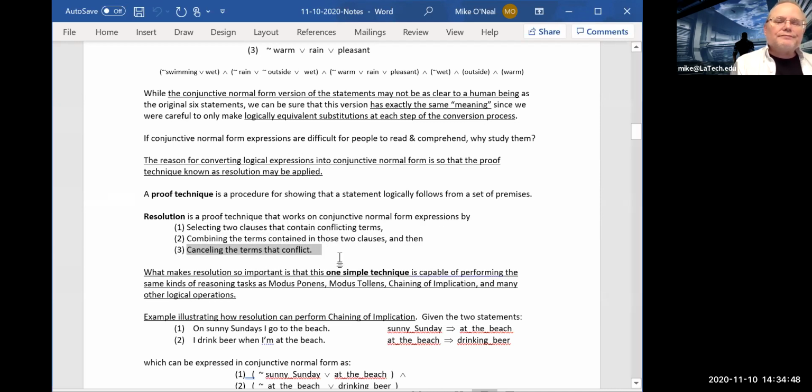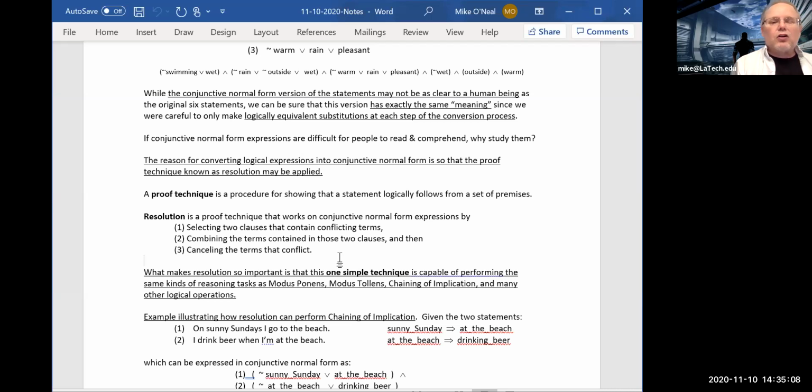Because of that, no information is being added by saying A or not A. Think about that. If I say it is raining or it is not raining, what have I told you? Absolutely nothing.